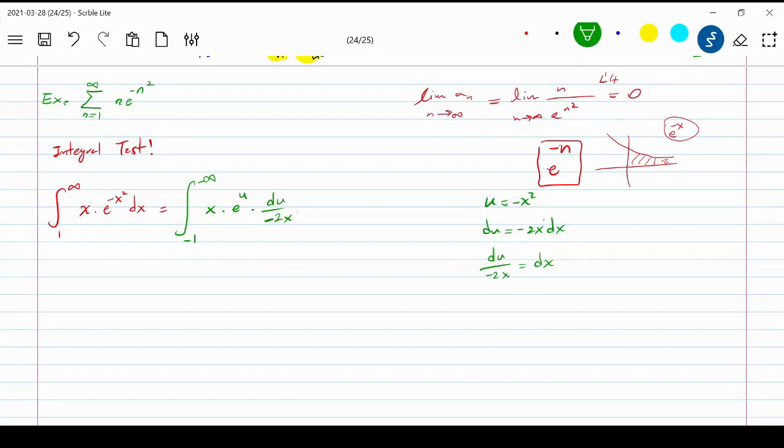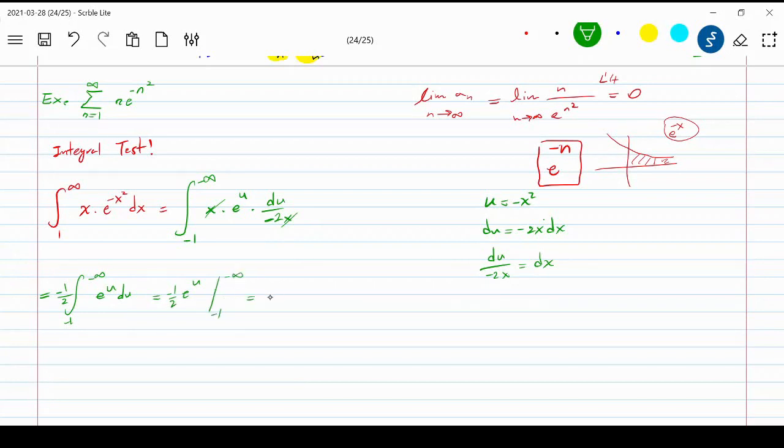Right? So I can cancel out the x's, and basically what we have is the integral from negative 1 to negative infinity of e to the power u du. There is a negative 1/2 outside. So what is the integral? The integral will be negative 1/2 e to the u, evaluated from negative 1 to negative infinity.